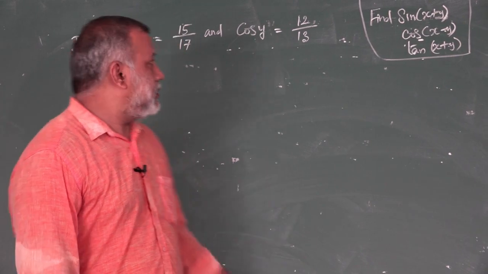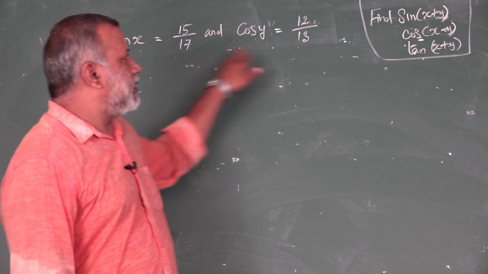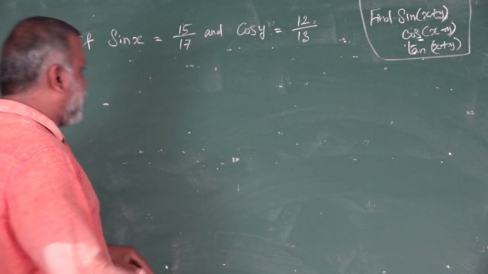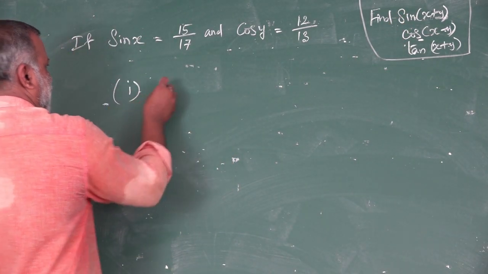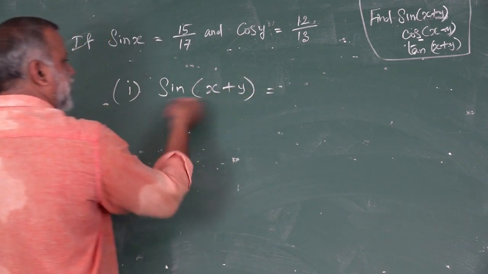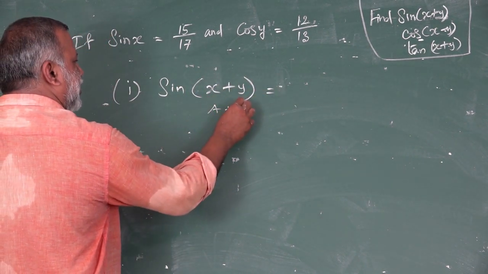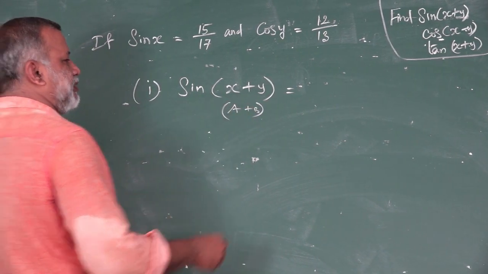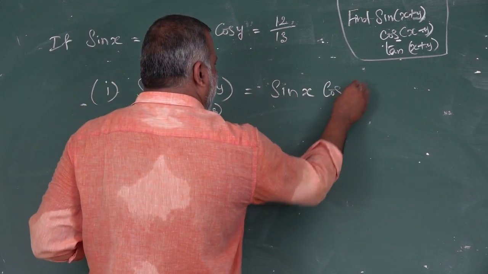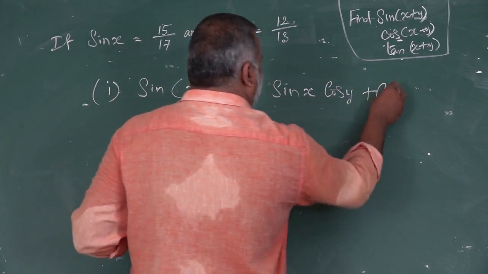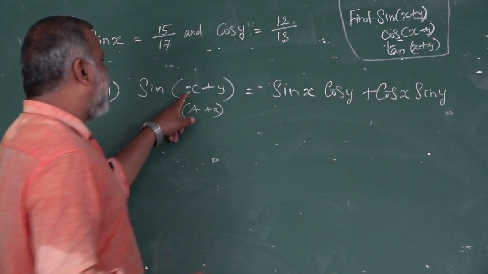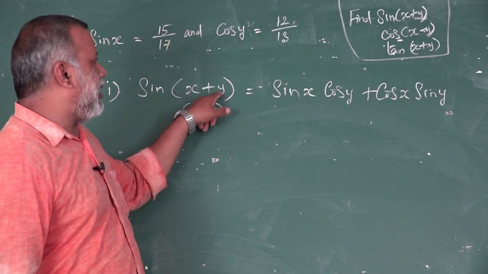Now listen students. By the given data, we are going to find question number 1, sin of x plus y. It is in the form of sin of a plus b. So sin of a plus b means sin a cos b plus cos a sin b. Instead of a I am using x, instead of b I am using y.